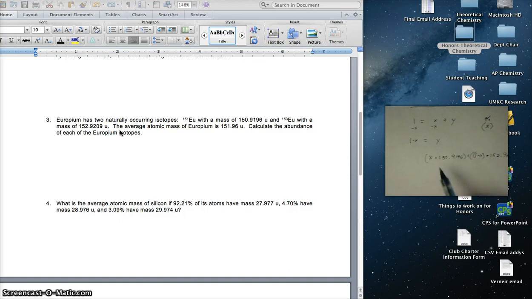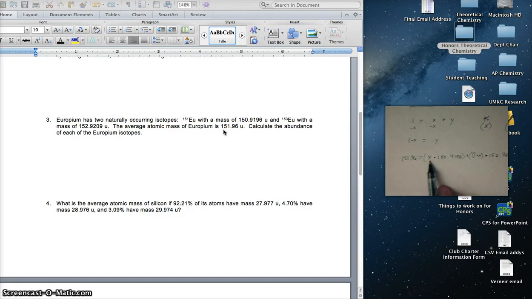Now those two added together must equal our average, which from our problem they told us was 151.96. So all we've done is, using substitution, we've set both of our missing pieces to one variable. We've substituted those in for the missing percentages, and now it's become algebra. All we need to do now is solve for x.